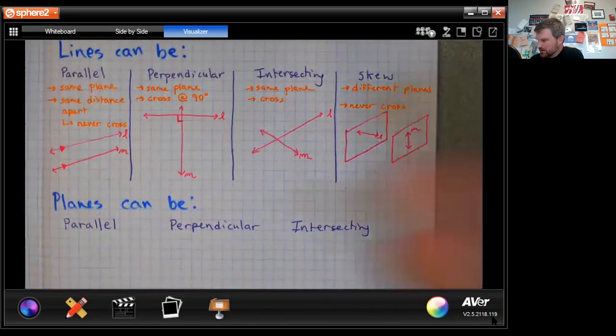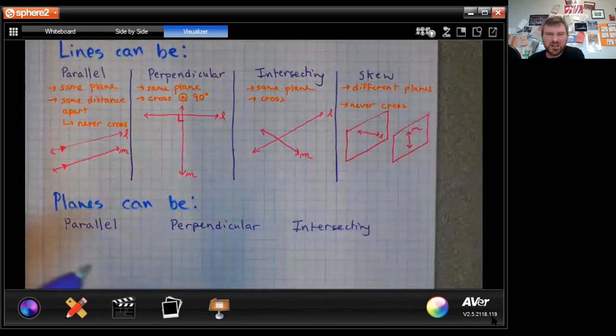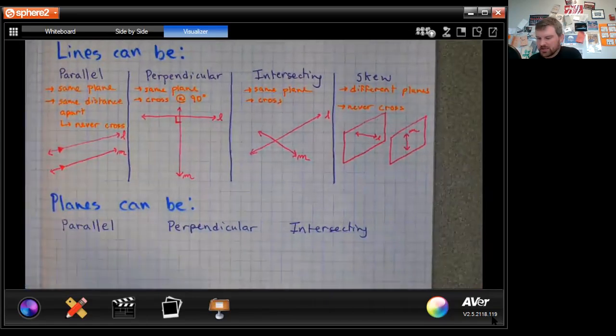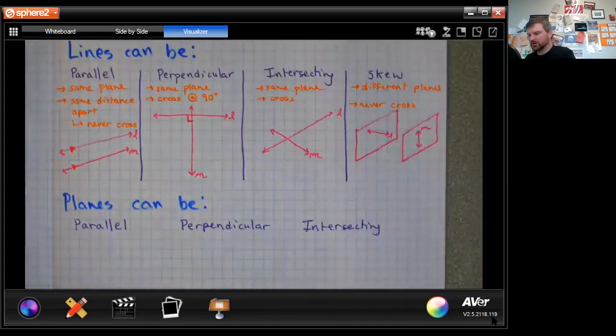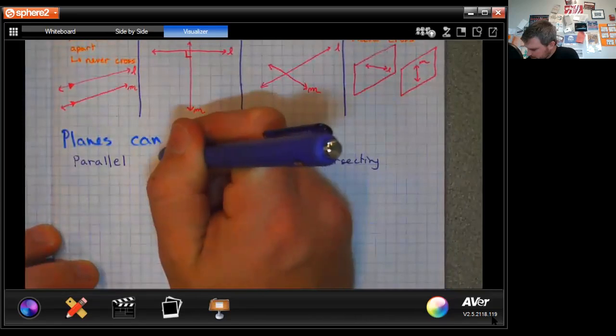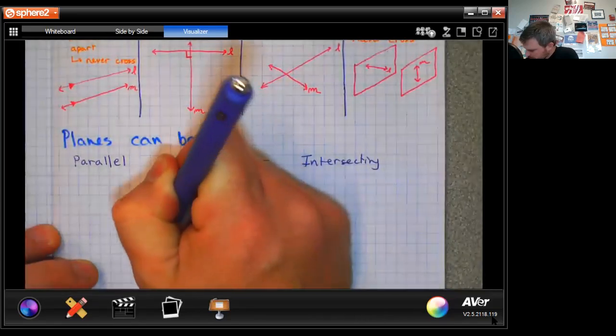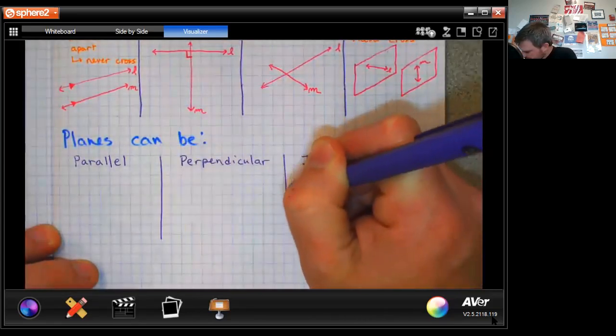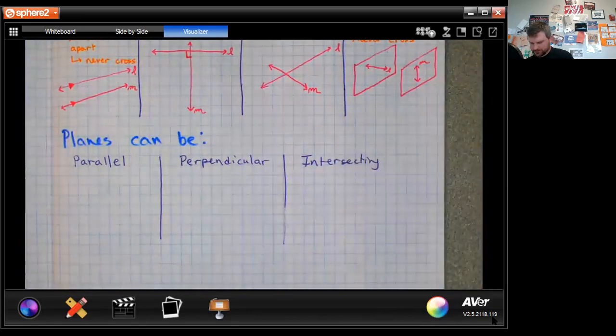Because, I mean, we could have kind of a skew plane, but it's going to have to be like in a different dimension type deal. And that's too advanced for us. We're not going to really look into other dimensions. All right. So let's look at definitions.